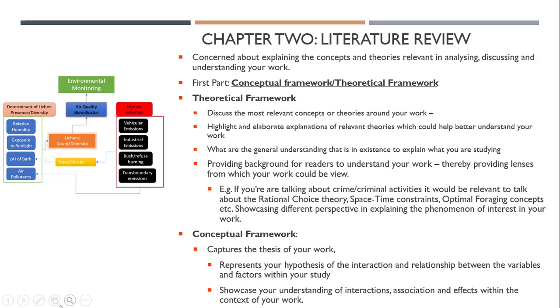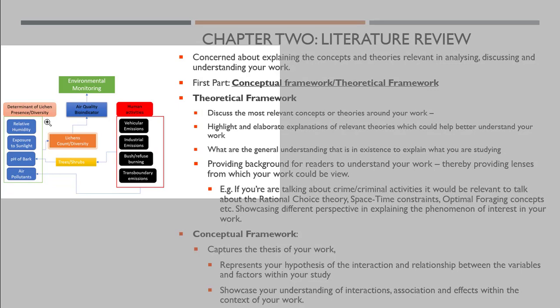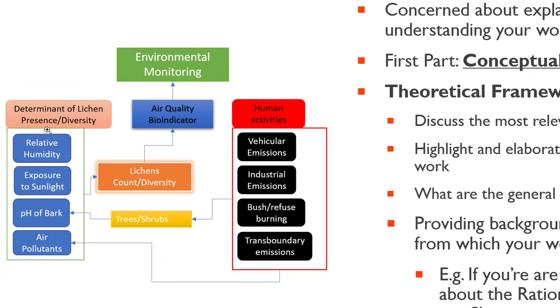So if I look at this example now, I'm looking at human activities, the different forms of human activities: vehicular emissions, industrial emission, burning of refuse and bush, transboundary emission coming from neighboring countries or neighboring states and other places apart from where I'm currently studying.